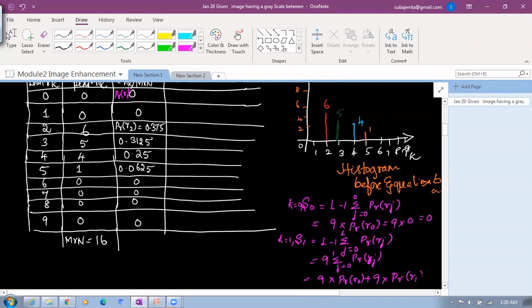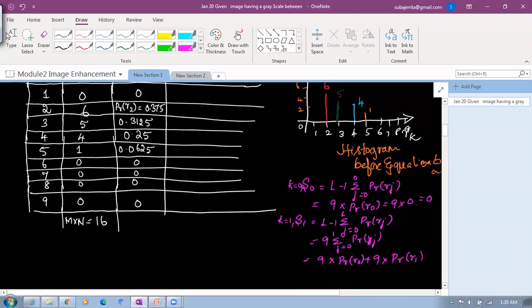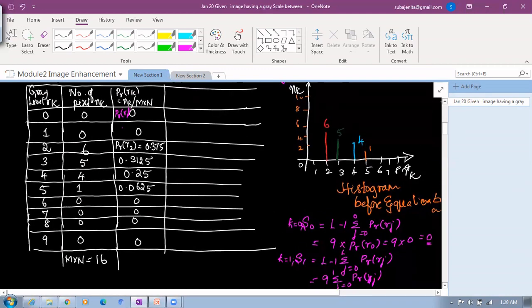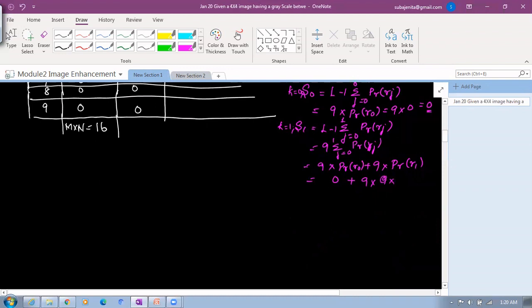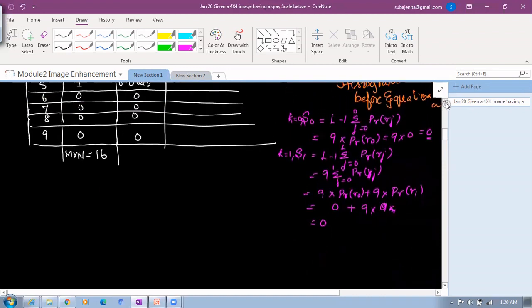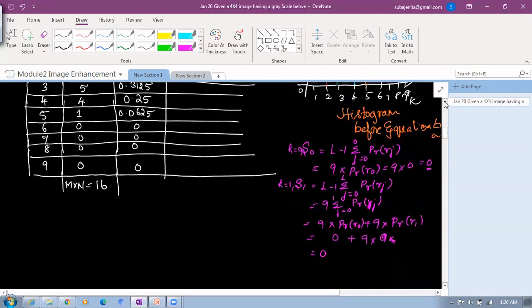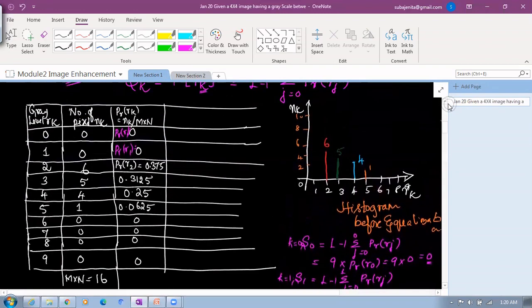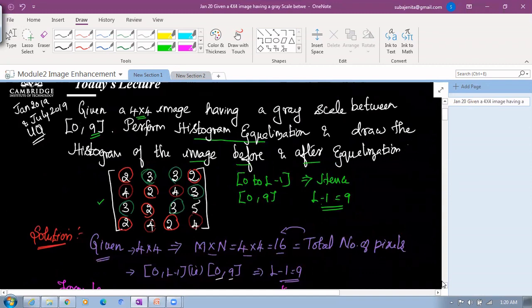As we know from the previous case, 9 into PR of R0 is 0, and 9 into PR of R1, the probability of occurrence for gray level 1, is again 0. Hence we get 0. So instead of expanding the summation for each case of k, let us follow a shortcut.